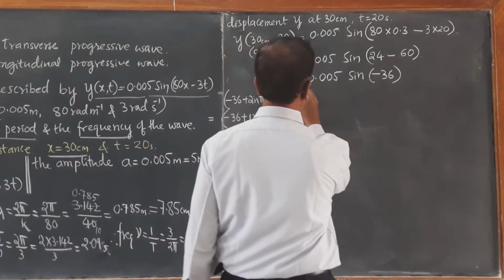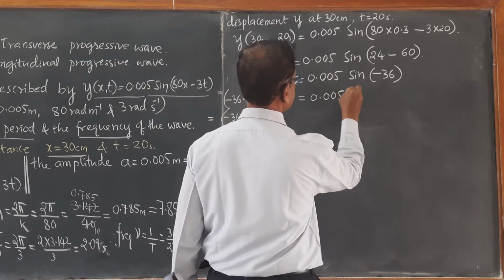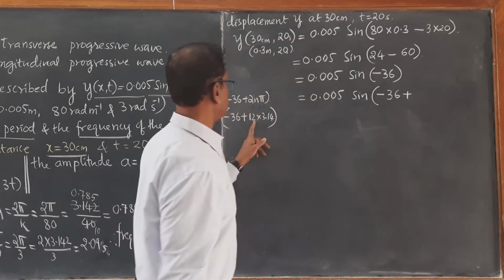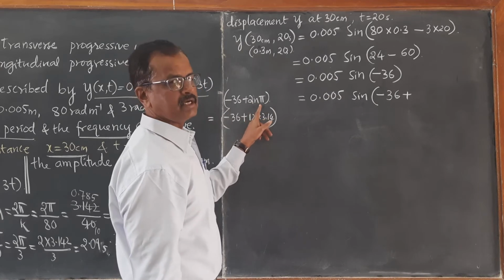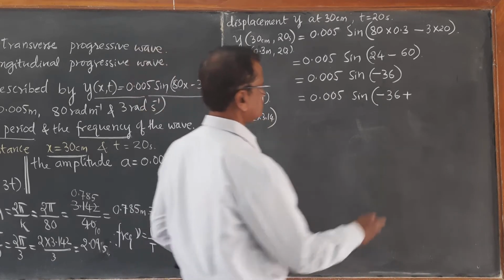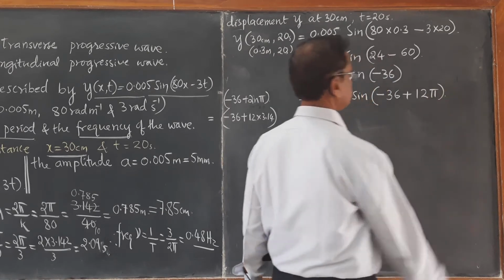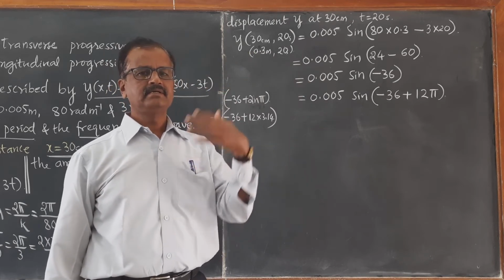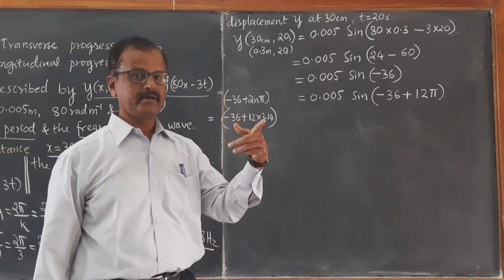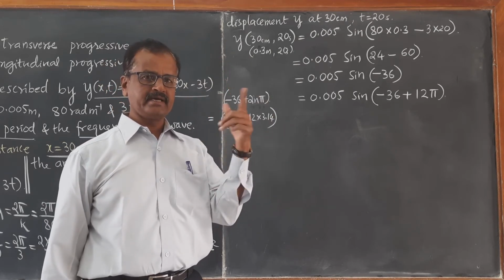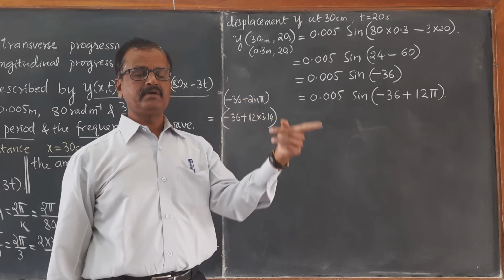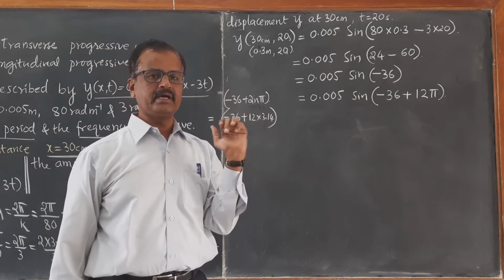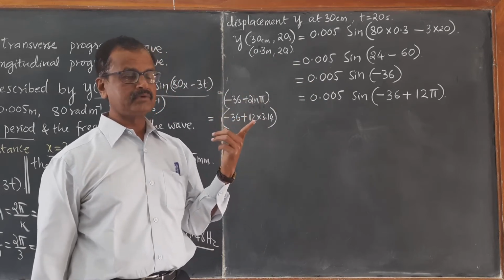So I will write this as 0.005 sine, since it is a periodic function, of minus 36 plus 12 pi. 6 times 2 pi means you are again coming back to 0. 2 pi means again you are coming to 0 angle. 4 pi, 6 pi, like that 2n pi means again you are coming to 0 angle. So 12 pi means you are again coming to 0.